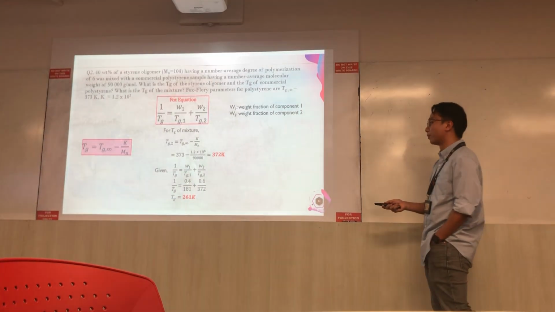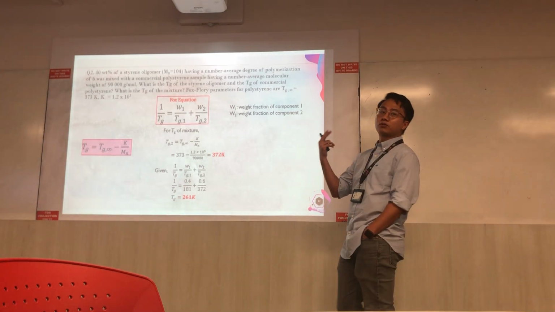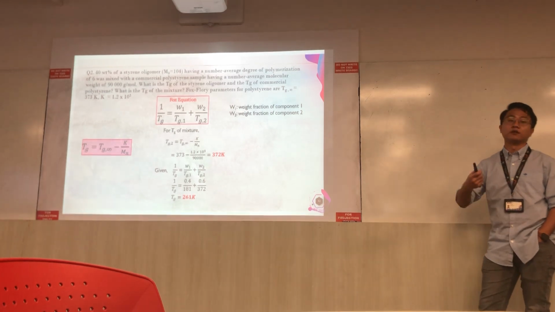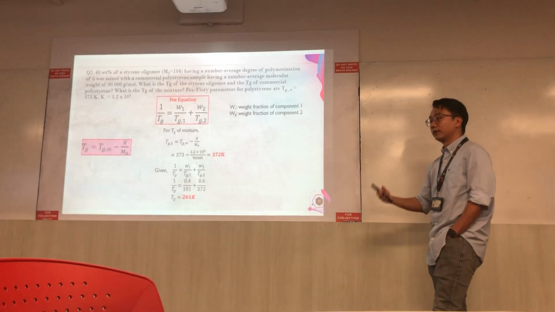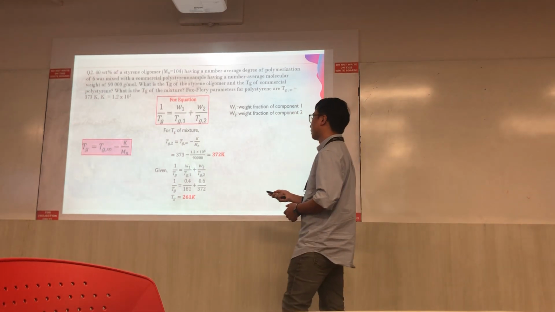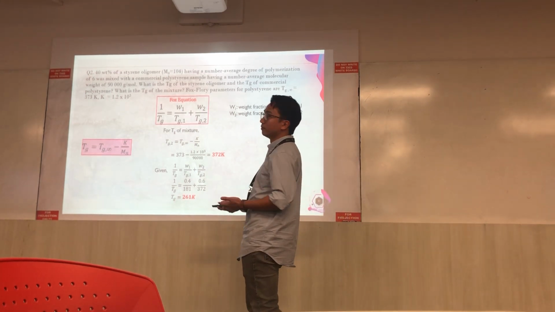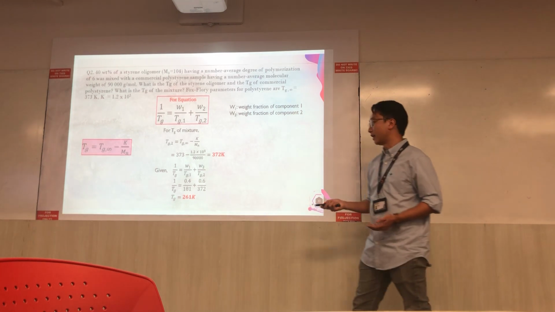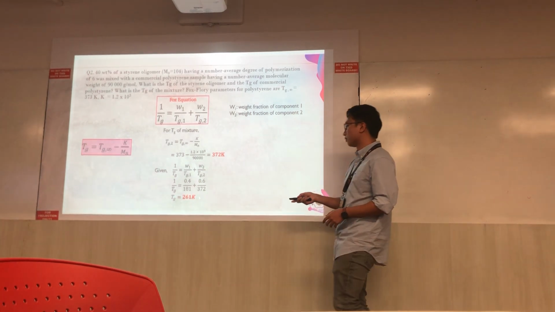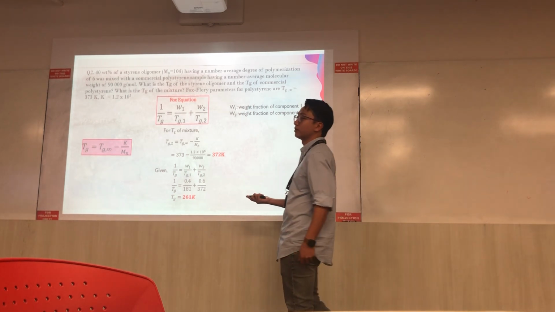The mixture only has two things, the styrene oligomer and the commercial polystyrene. If 40% is the styrene oligomer, the other 60% has to be the second component, so the second weight fraction will be 0.6. They have to both add up to 1. Then you just solve this equation and you can find the Tg to be 261 Kelvin.